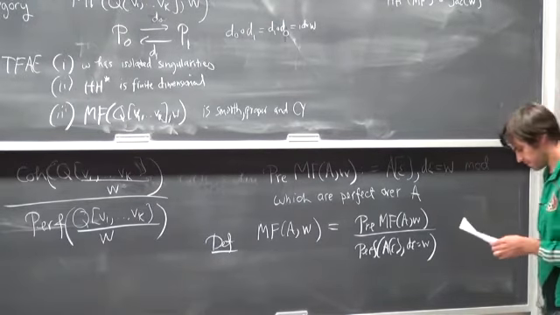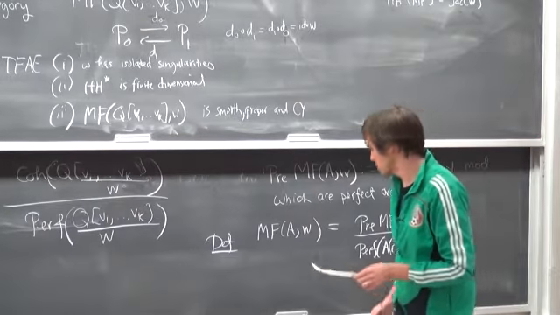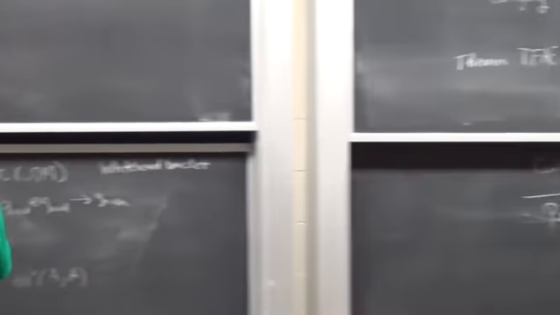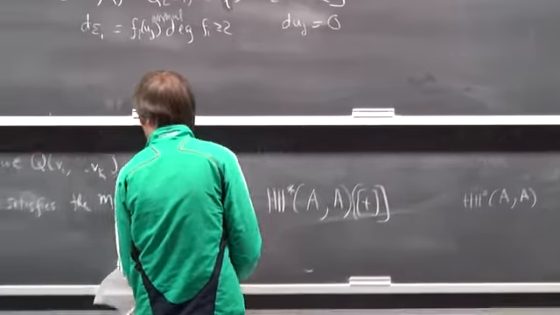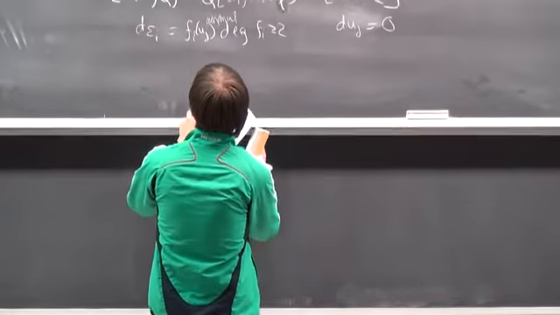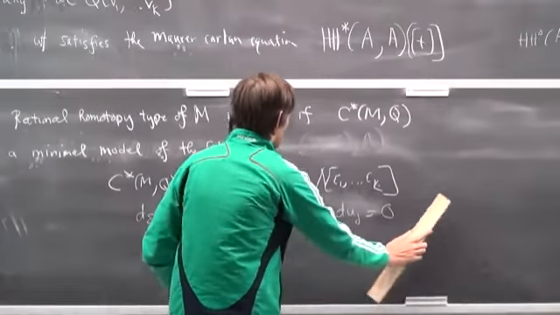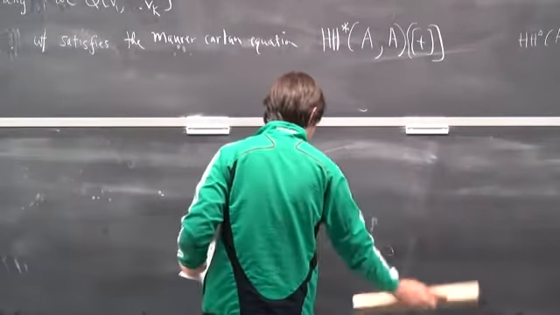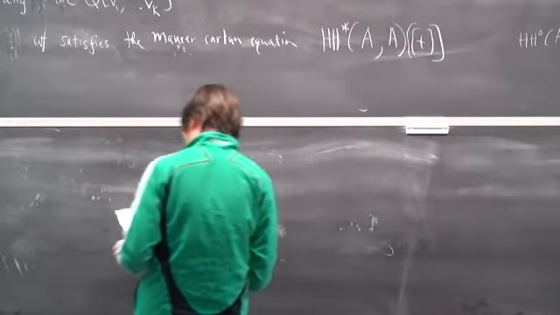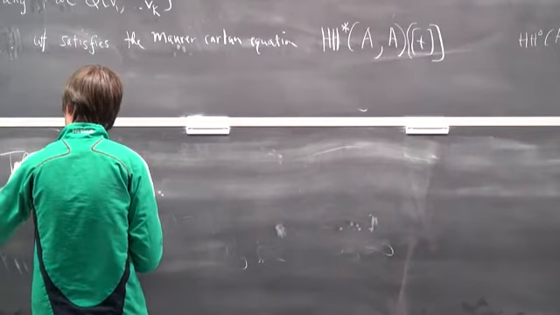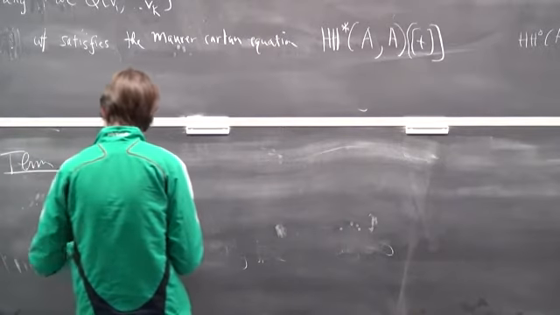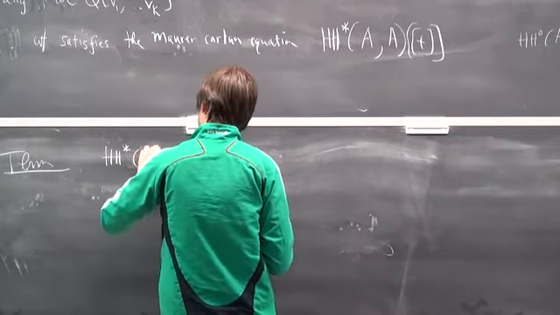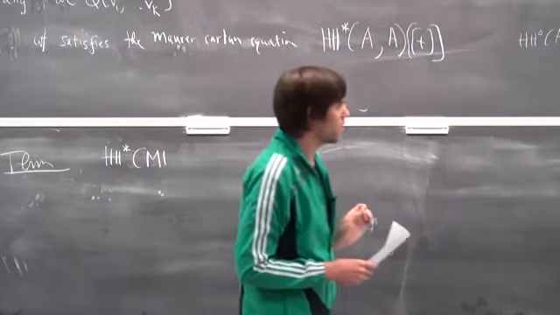So you have this definition, and the theorem for these is that the Hochschild cohomology... W is an element in A, right?